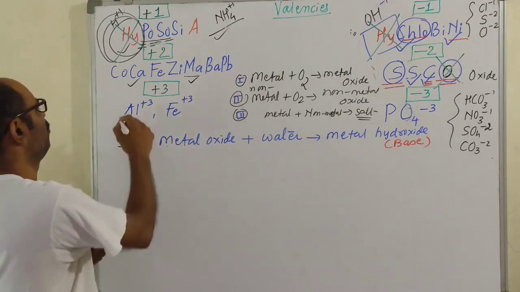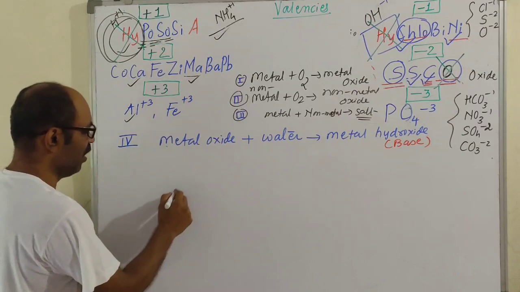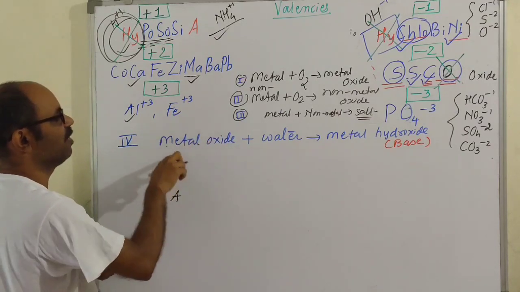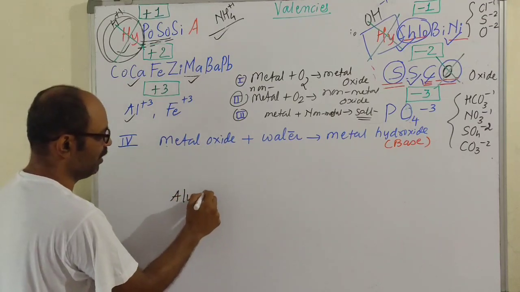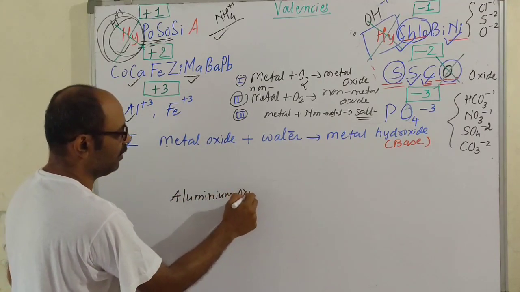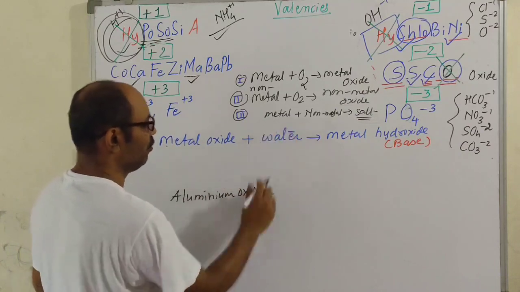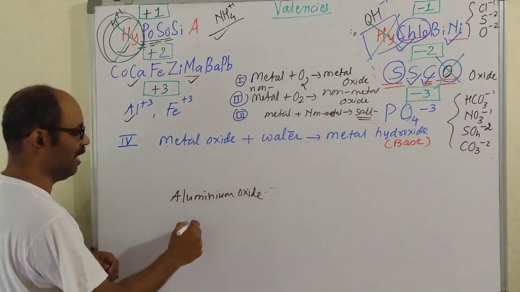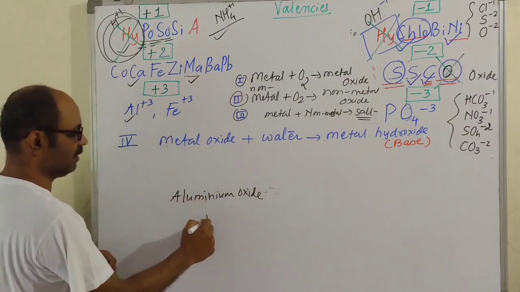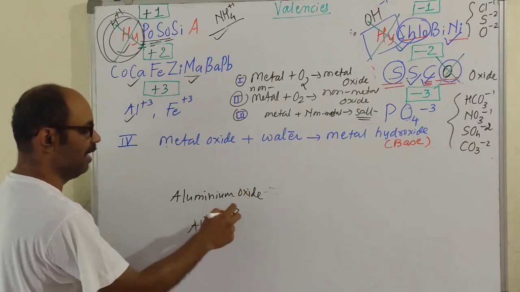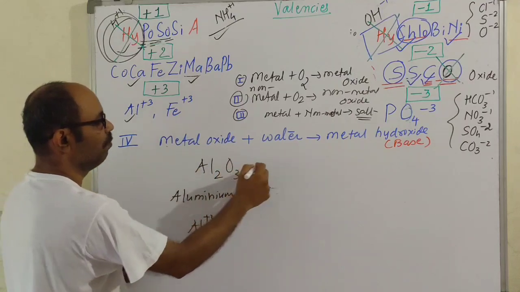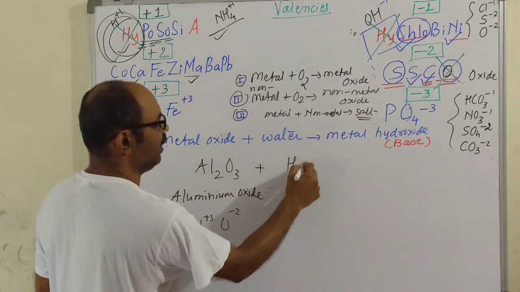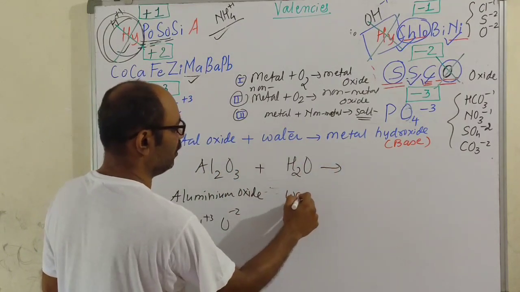Next metal, which one do you want to choose? Aluminium? Okay, so the metal chosen is aluminium, and the compound that you are going to take is aluminium oxide. The formula: Al plus 3, oxide O minus 2, so Al2O3, plus water, H2O.